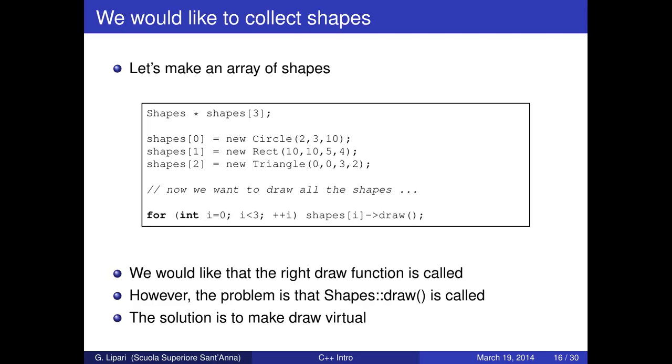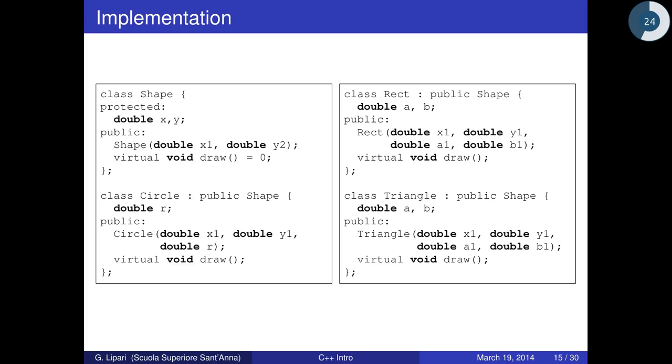So if I don't say anything strange, so if I use the normal function call of C++, the function that is going to be called is the one defined inside the base class shape, because as I said before, the compiler doesn't know the actual type of object that is being pointed. Okay? It knows that this is a pointer to a type shape, and so if I don't say anything special, the compiler is going to call the draw function in the generic class shape.